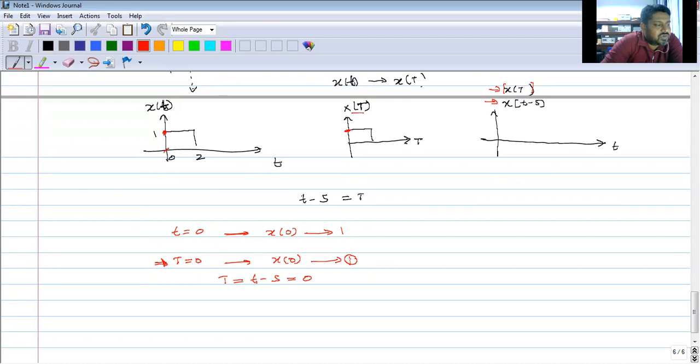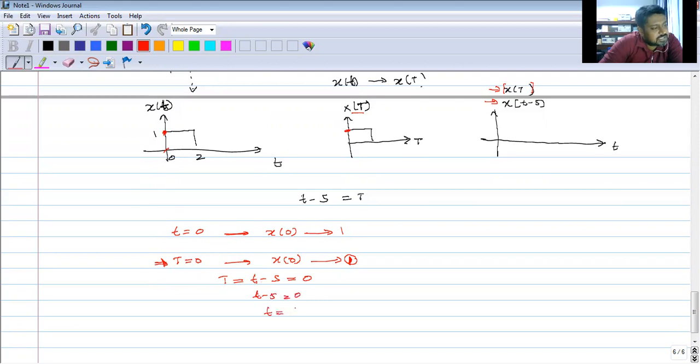Now I want to find the value at which this 1 happens. So here t minus 5 is equal to 0.